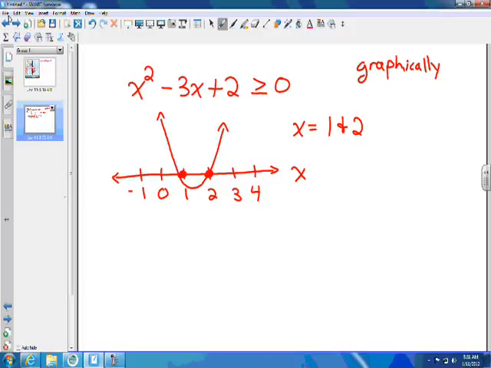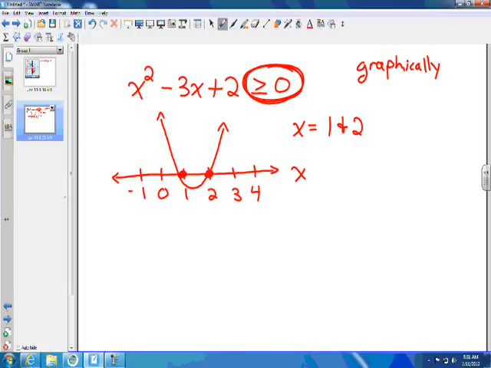Now, this part right here, getting your answer by looking at that, is where I usually lose a few people. It's pretty simple. Some people just look at it and they know they don't have any problem with it. Other people can stare at it for 48 hours and they still can't quite figure out what we're talking about. This right here is key. We are looking for where it is greater than or equal to 0.